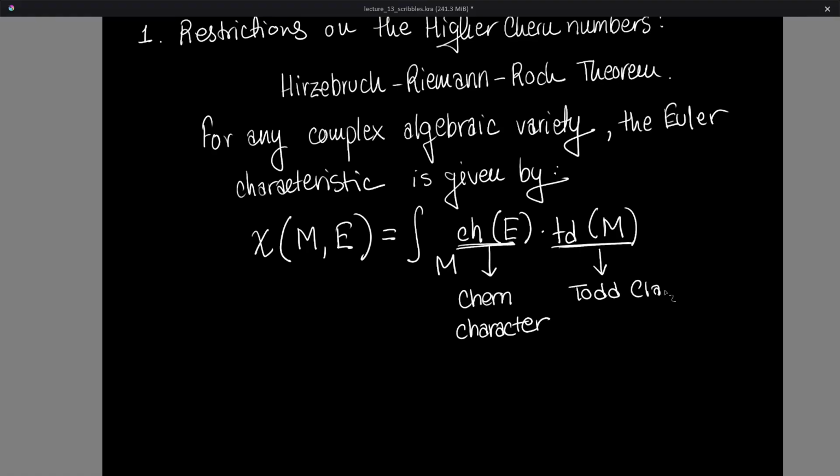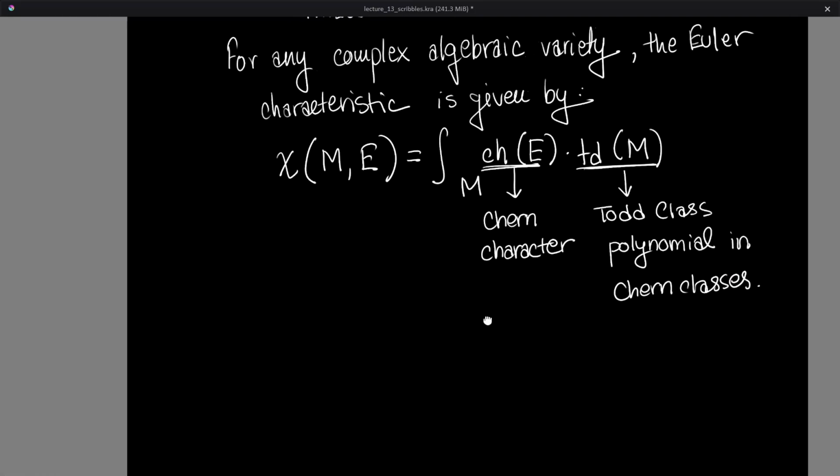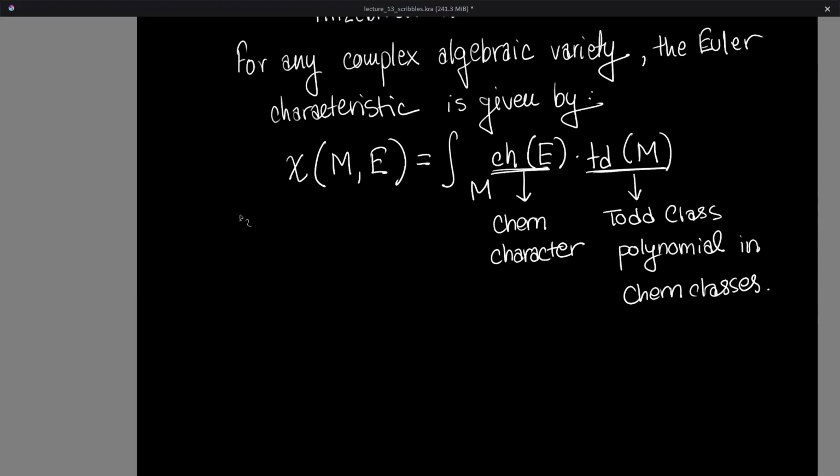We don't really need to know too much about what the Todd class is, other than it's a polynomial involving Chern classes.